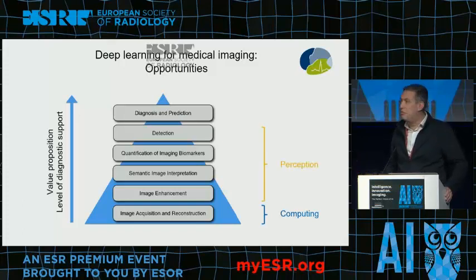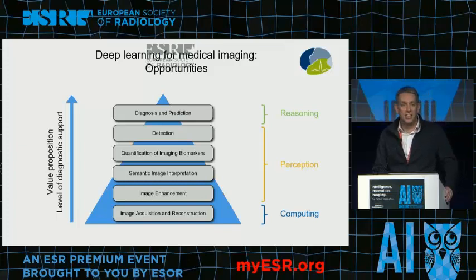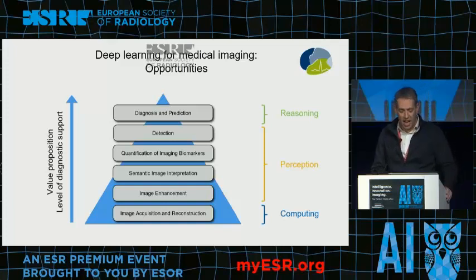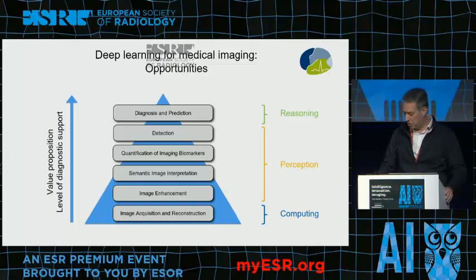If we go a bit higher in this pyramid, then a number of these tasks can make the diagnosis and prediction. That's where a neural network is probably a bit difficult to use, because we really want a logical, reasoned explanation of why we make a particular diagnosis. So let's start at the lowest layers, and that's what I'm going to spend most of my time on.